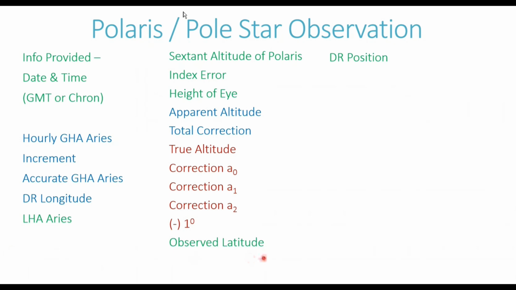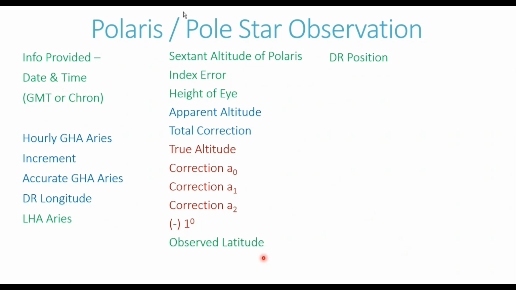Now, another important thing to keep in mind is that the observed latitude we obtain in a Polaris or pole star sight may or may not be your fixed latitude. So how do we determine whether it is our fixed latitude or not? It is basically the latitude from which the position line is passing.